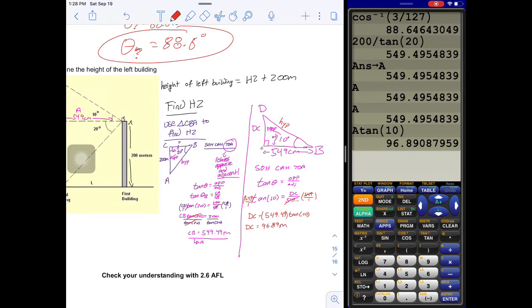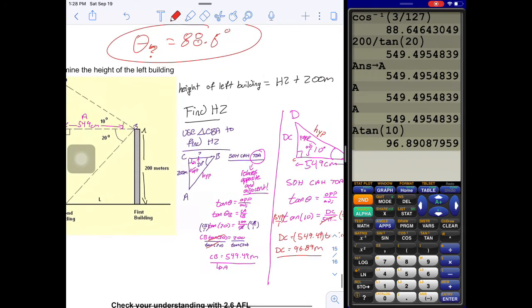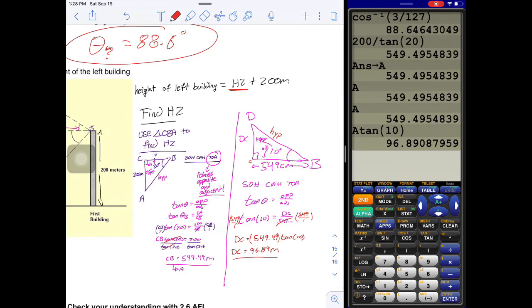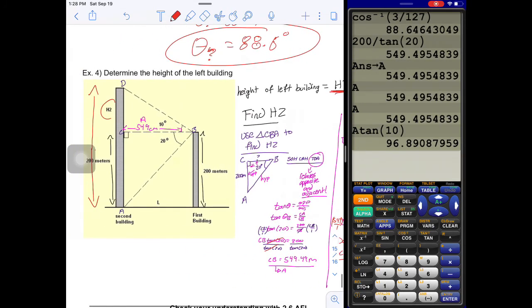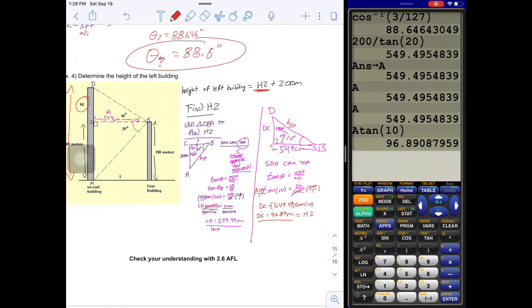And remember, we don't want to round this value because the thing that we're actually trying to find is this entire length here, which we talked about at the very beginning. We're going to have to take H2, which in this case is D to C. So this also equals H2, and we have to add 200 to it.